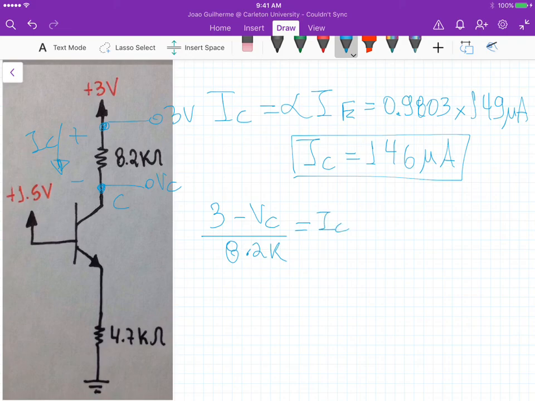Or in other words, VC should be equal to 3 minus 8.2K times IC, which gives us now VC. So if we substitute IC here, VC is 1.8 volts.